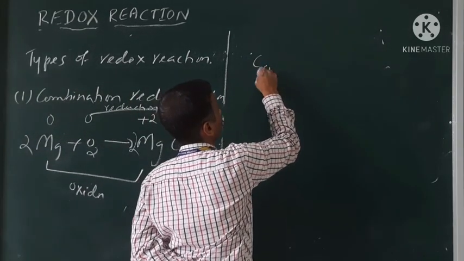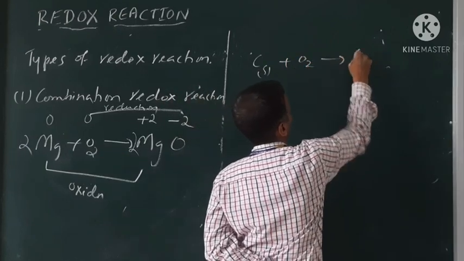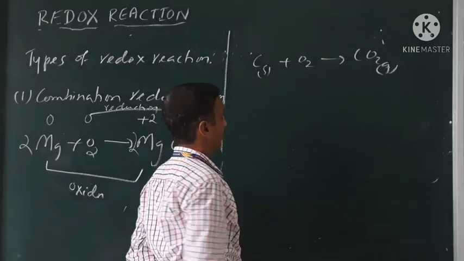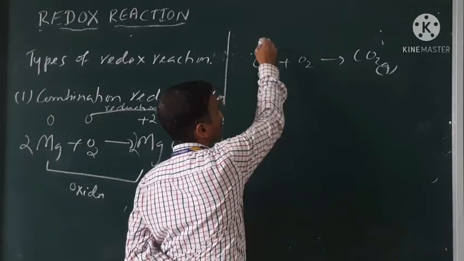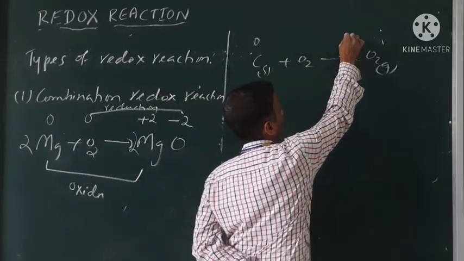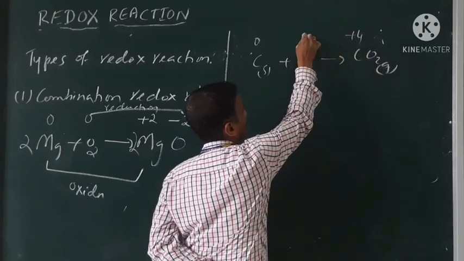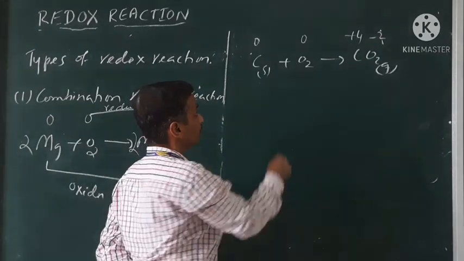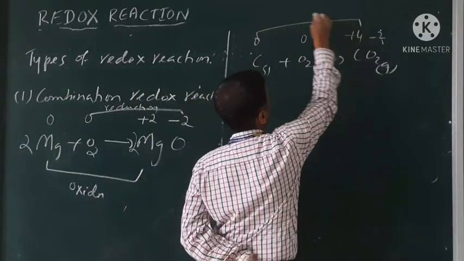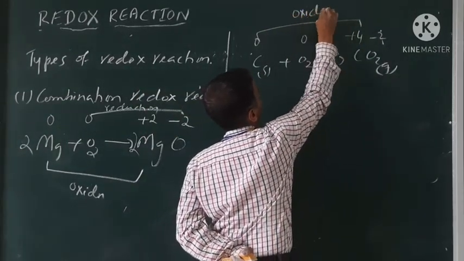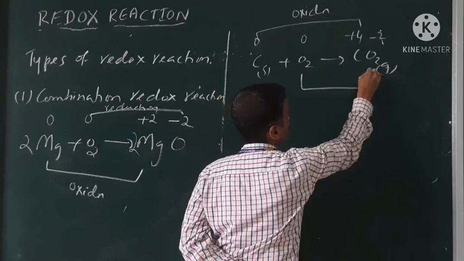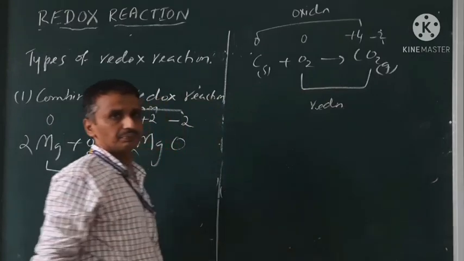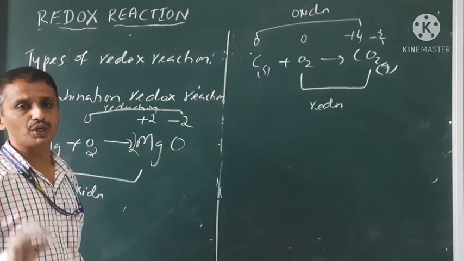C solid plus O2 giving CO2 gas. Again, here carbon is in the 0 state, here it is in the plus 4 state. Oxygen is in the 0 state, and here it is in the minus 2 state. You can calculate it. So 0 to 4 is an increase, oxidation; 0 to minus 2 is a decrease, reduction. Again, a redox combination reaction.